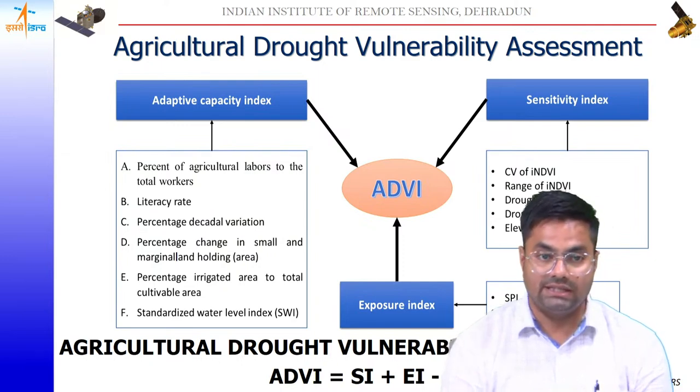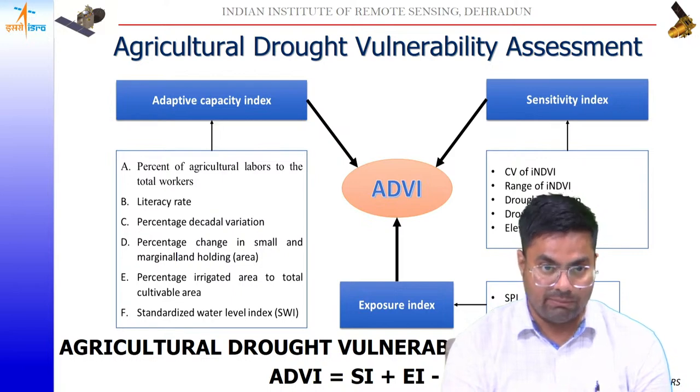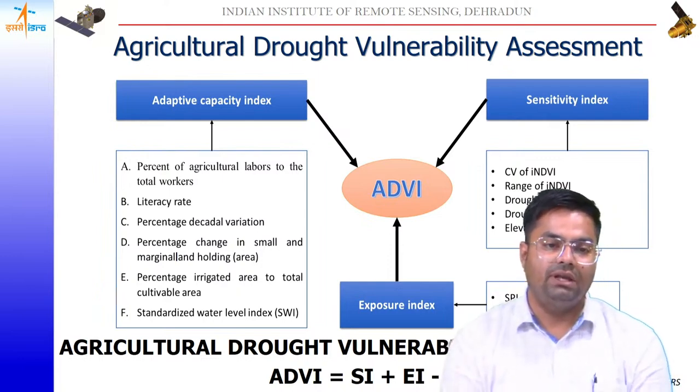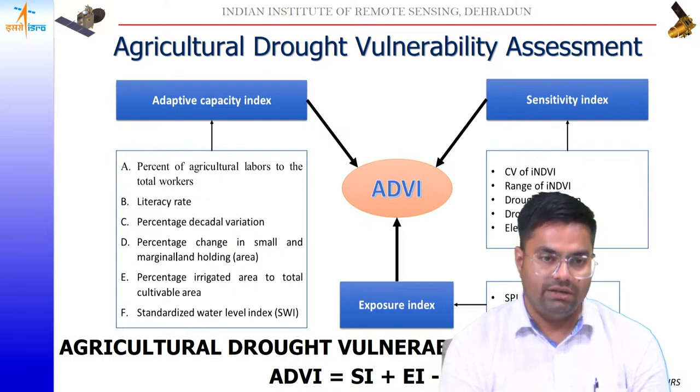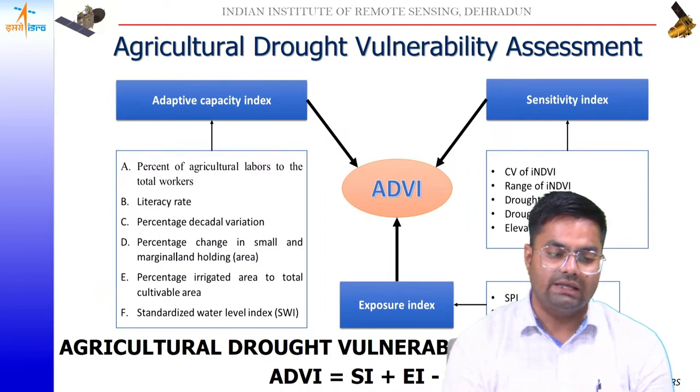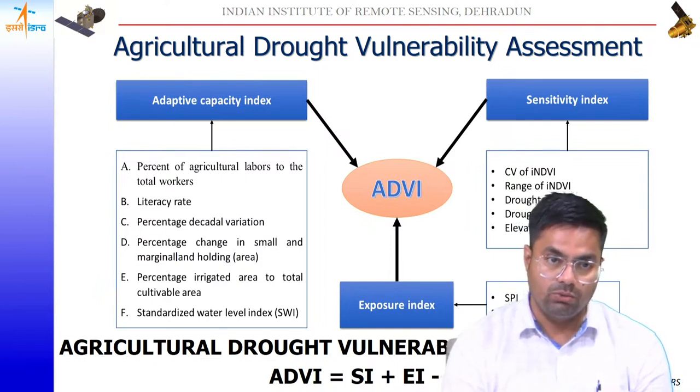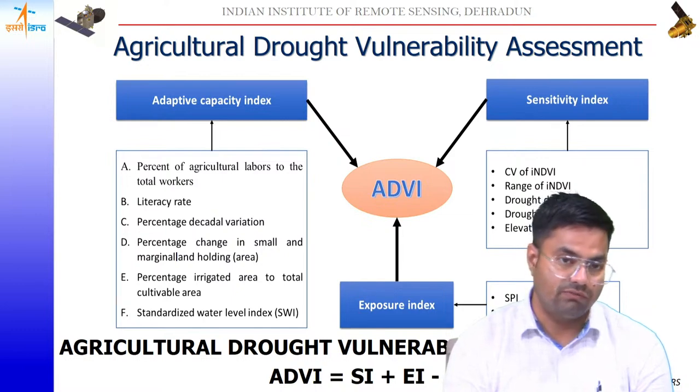That gives significant information that the agricultural fields remain the same and cultivation practices are already ongoing. Then the irrigated area as compared to the total cultivable area, and the water level index: if it is sustained and there is no marked depletion in the water level index, that makes the system adaptive to such kind of vulnerability.